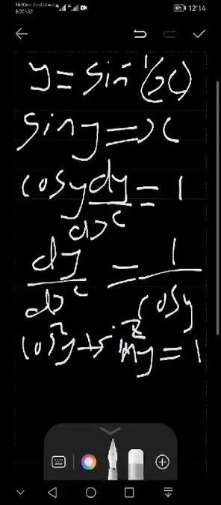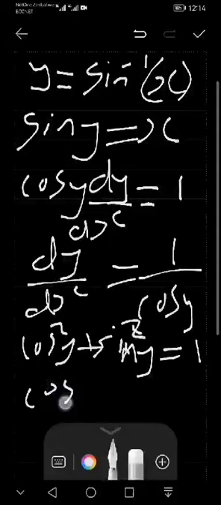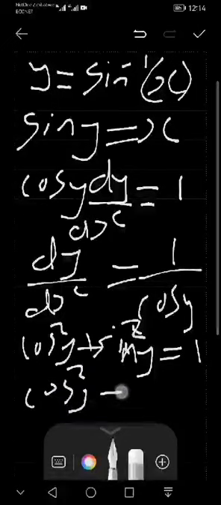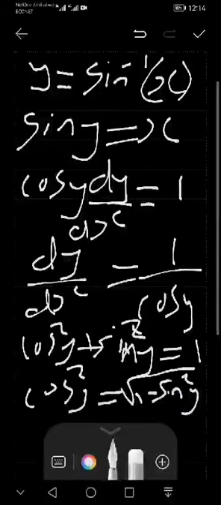So we can make cos squared y the subject of the formula. This means that cos squared y will be equal to 1 minus sine squared y. What did I do there?